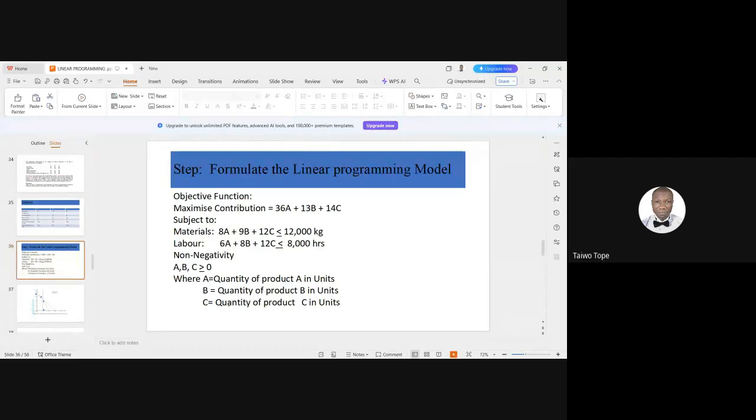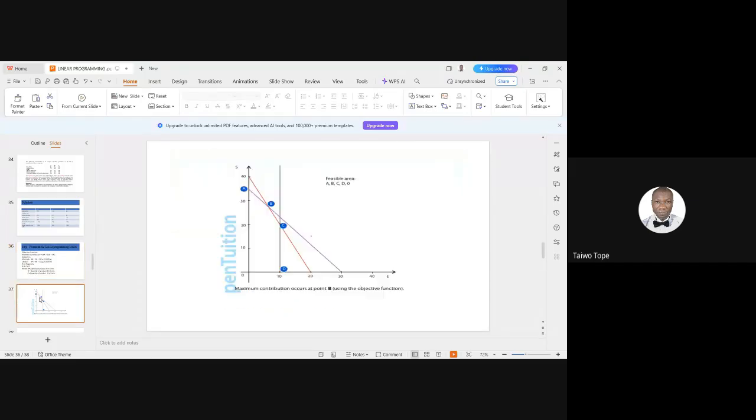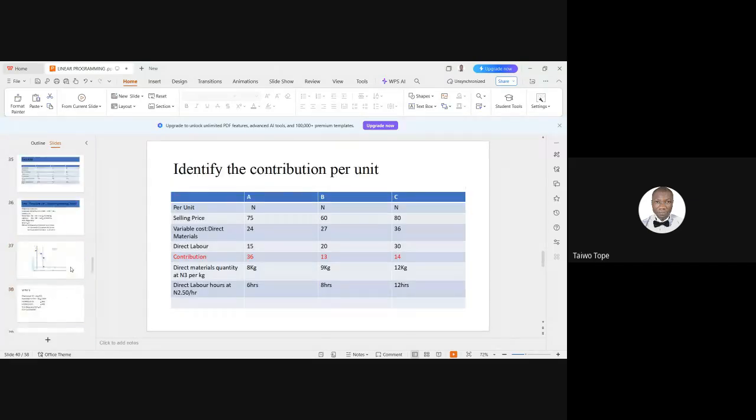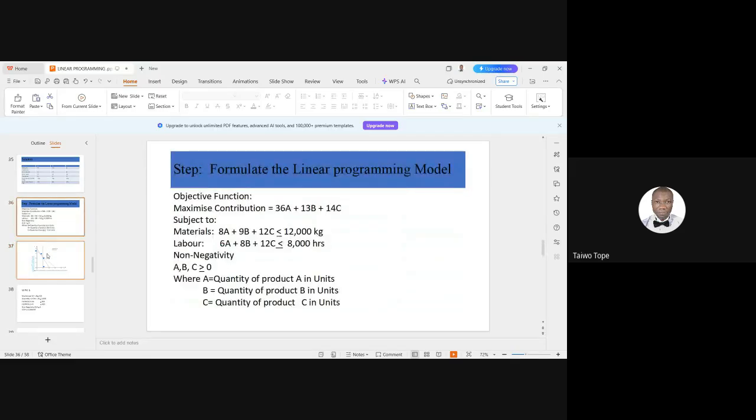When x is 0, y is what? 20. So that is what they've done, which is very fine. So this is the issue about the assignment. Any question, please?